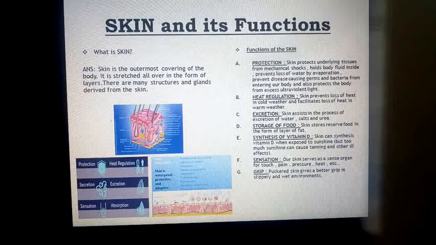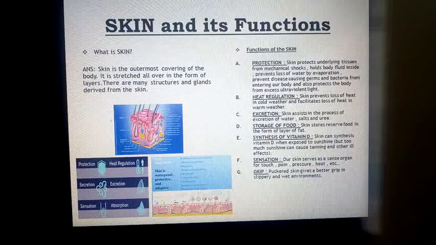Very little of salts and water are thrown out in the form of sweating. But to a certain extent, urea is also thrown out. But it won't come completely under the excretory system. And the system of skin is the integumentary system. Skin comes under the integumentary system.